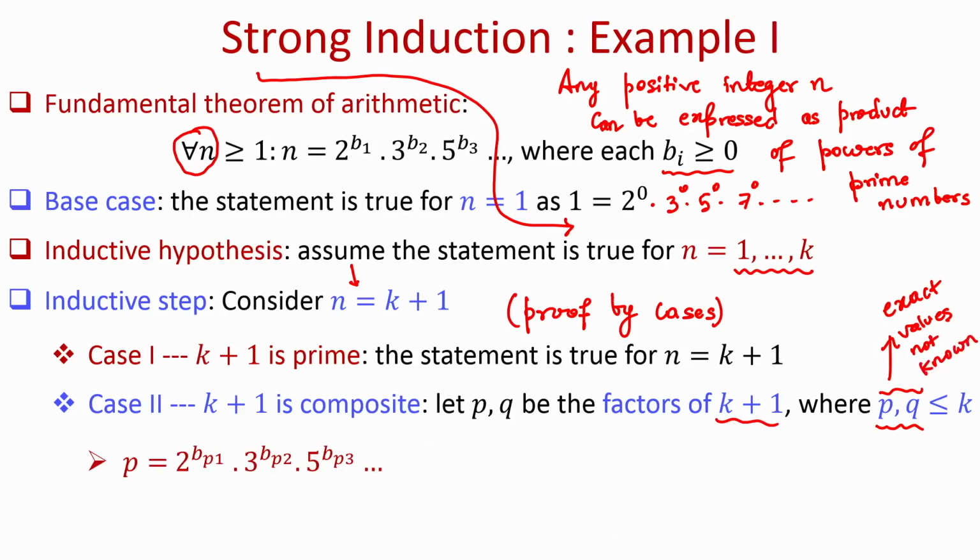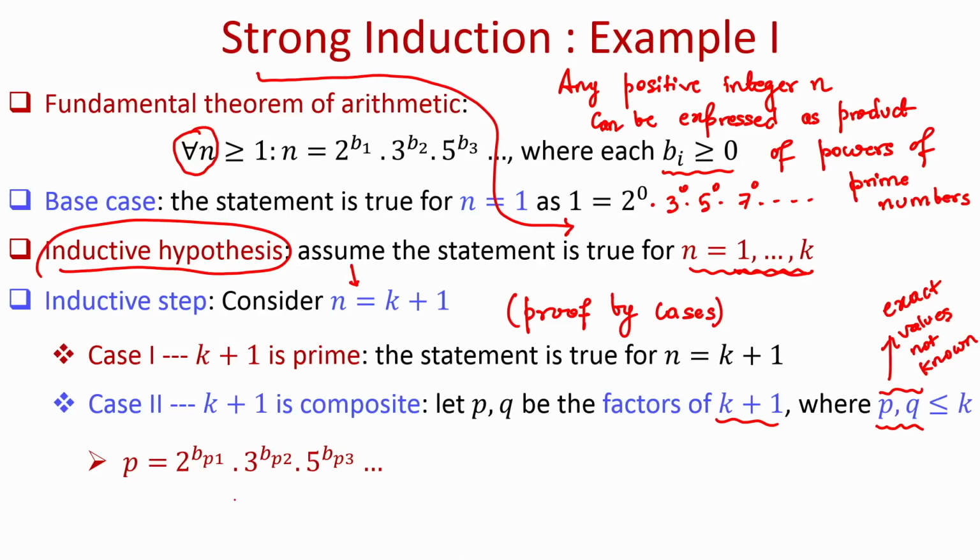Now, since p is less than or equal to k and q is less than or equal to k, and in my inductive hypothesis I am assuming that the statement is true for every value of n equal to 1 to k, that means the statement is true even for n equal to p, and the statement is true even for n equal to q. Since the statement is true for n equal to p, that means the number p has a prime power factorization. That means it can be expressed as a product of powers of primes.